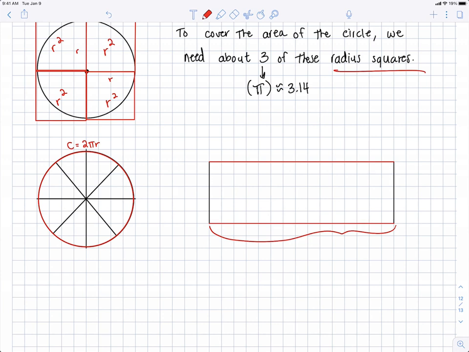So this side is going to be pi times r, and this side is going to be pi times r. When I combine pi times r and pi times r, what do I get? I get 2 pi r, or the circumference formula here.